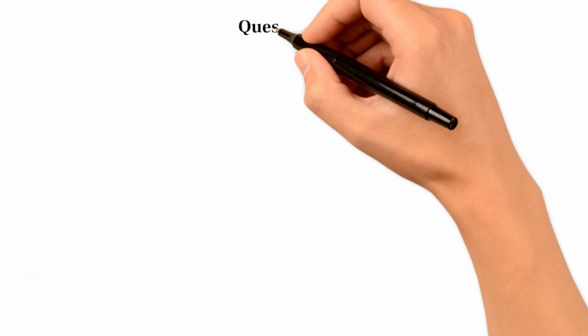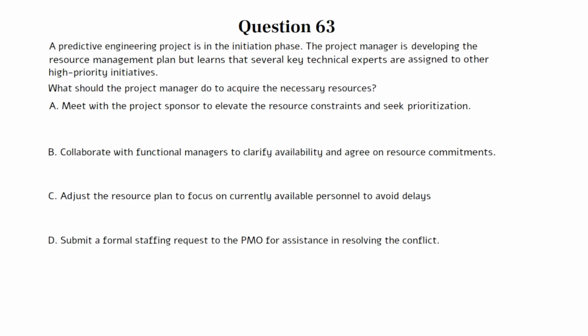Question 63. A predictive engineering project is in the initiation phase. The project manager is developing the resource management plan but learns that several key technical experts are assigned to other high-priority initiatives. What should the project manager do to acquire the necessary resources? A. Meet with the project sponsor to elevate the resource constraints and seek prioritization.